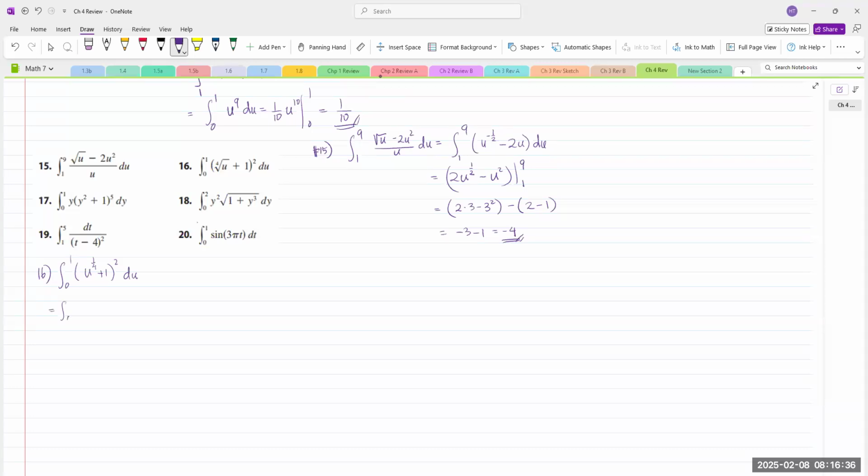The integral from 0 to 1 of u to the 1/2 plus 2u to the 1/4 plus 1 du. And then when I integrate, I get 2 over 3 u to the 3/2 plus 2 times 4 over 5 u to the 5/4 plus u.